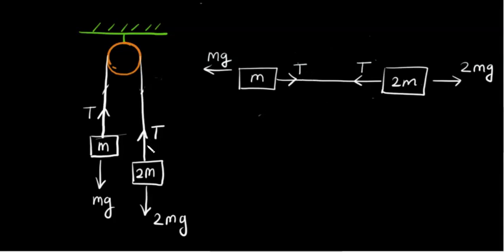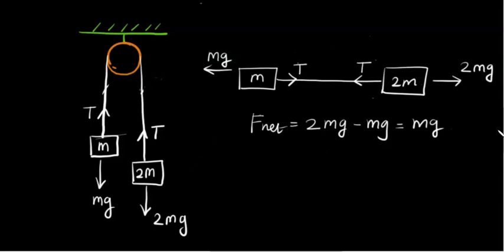As you know, tension is always a pulling force, so it will be upwards for both these cases. Now what is the total force in the right direction? The total force will be 2mg minus mg. So this is our net force, which is equal to mg. So the total net force is mg downwards.